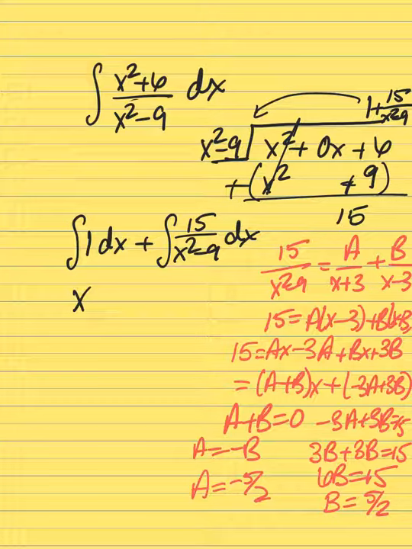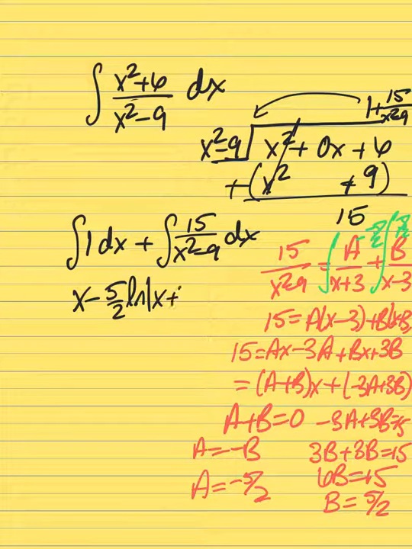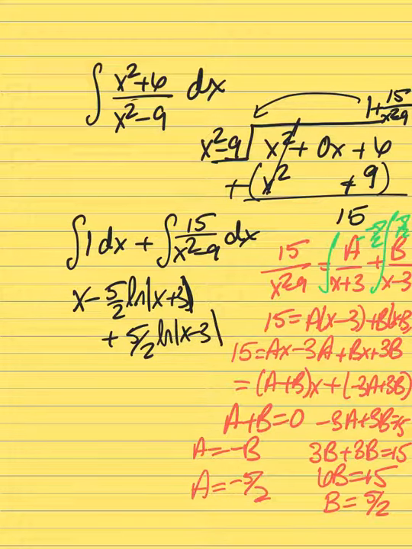So now when I come back over here to the top, a is negative 5 halves, b is positive 5 halves, and I'm going to integrate. So my answer still has x from the 1 plus, or really minus, 5 halves the natural log of x plus 3, plus 5 halves times the natural log of x minus 3 plus c.